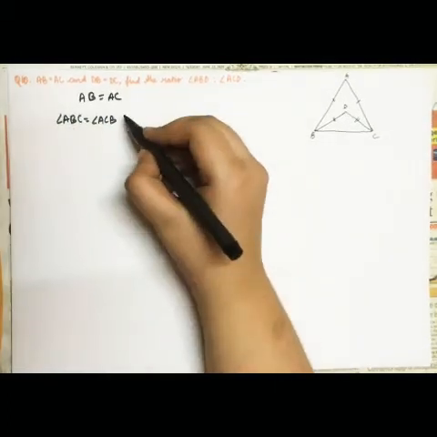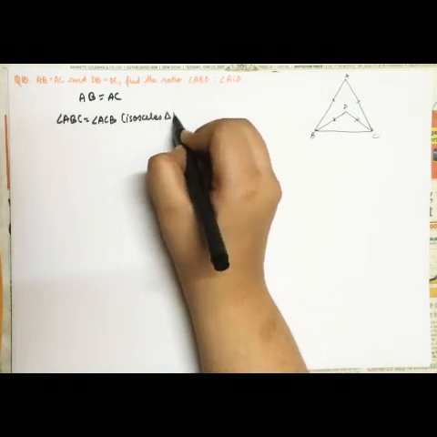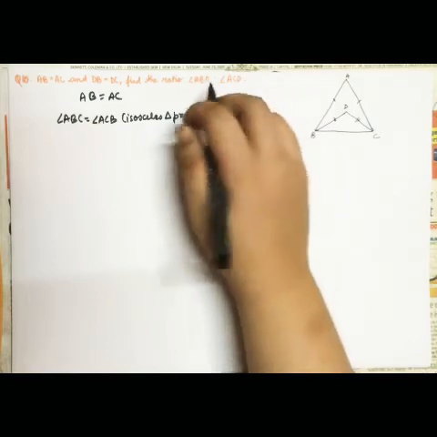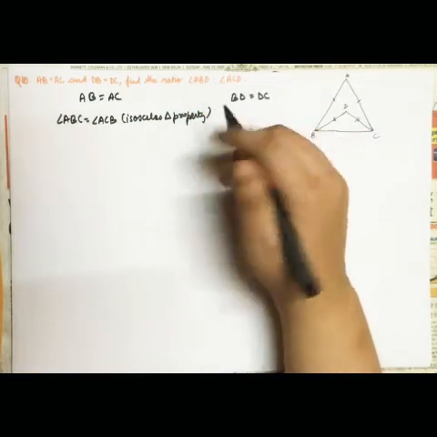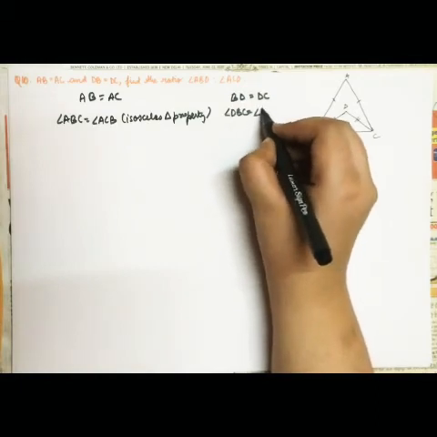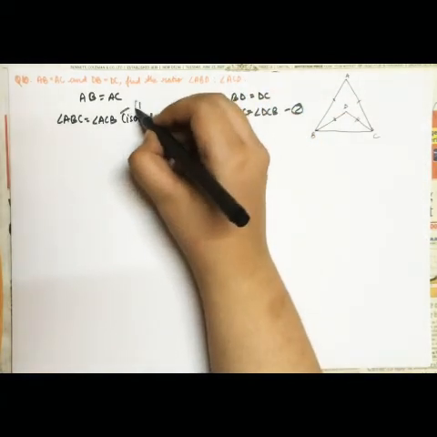Because of the isosceles triangle property. Similarly, BD is equal to DC. Therefore, angle DBC is equal to angle DCB. We'll mark this as 2 and the earlier one as 1.